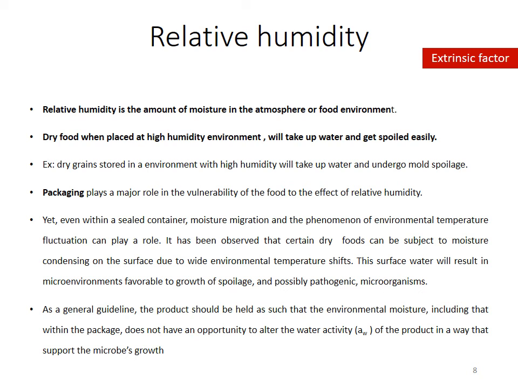So as a general guideline, the product must be stored or held in an environment such that the moisture will not have an opportunity to alter the water activity of the food in a way that can support microbe growth.